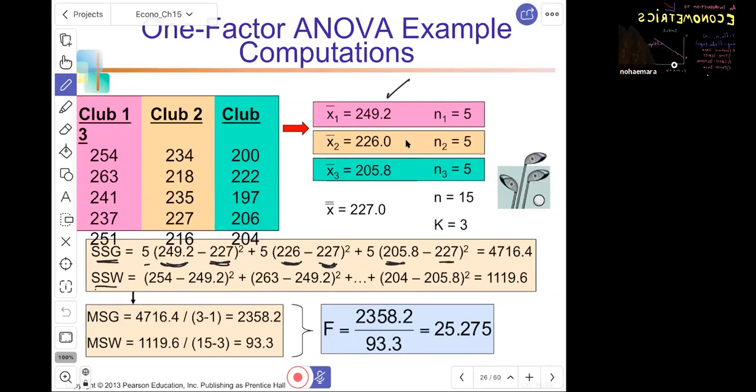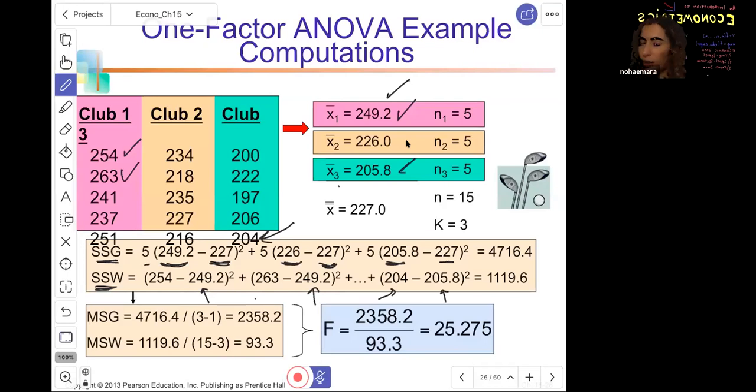Next, for the within, you take each observation, how far from its own mean. So 254 from its own mean, 263 from its own mean, and you keep going until the very last one, 204, which is the number hidden right here, from its own mean. And this is how you get the within.